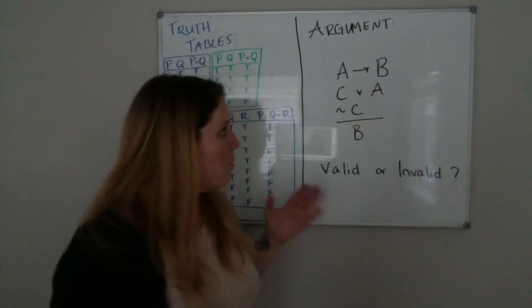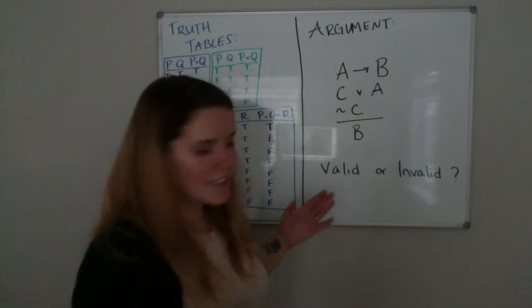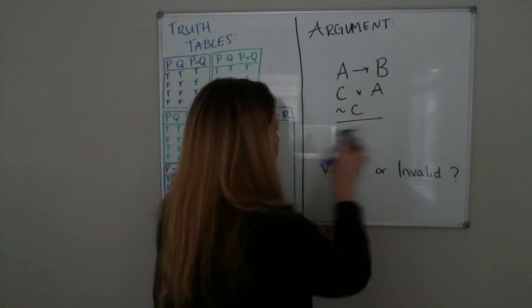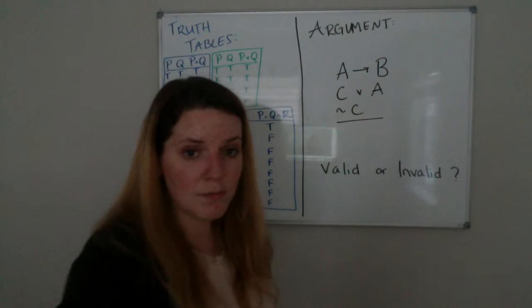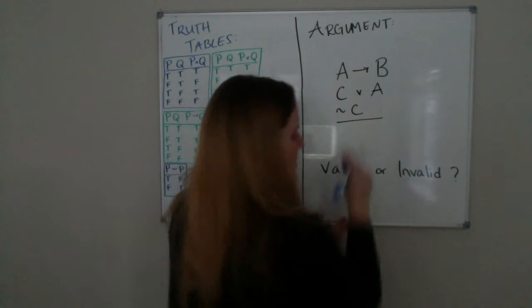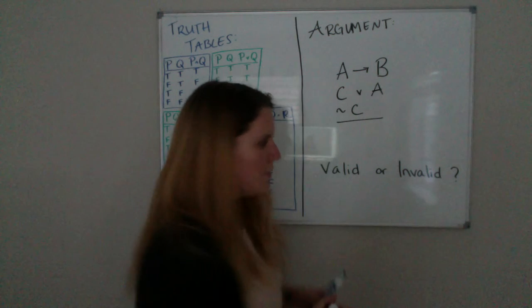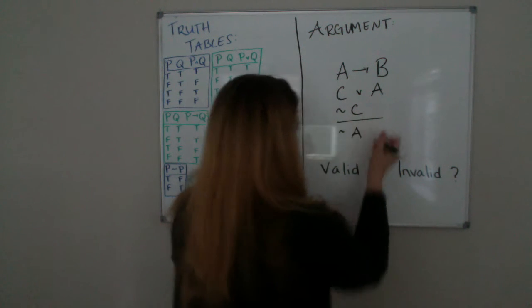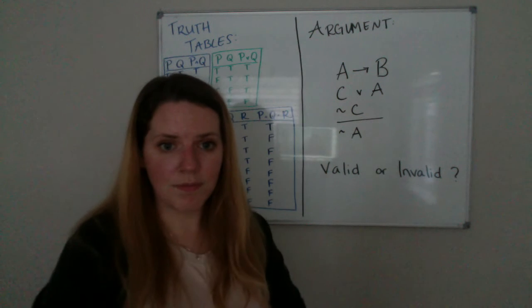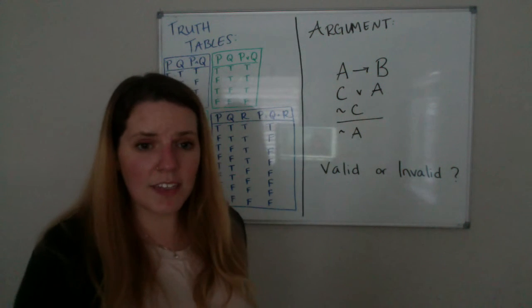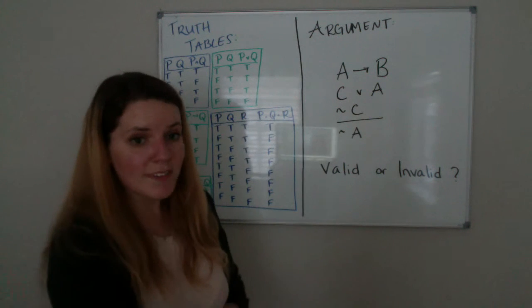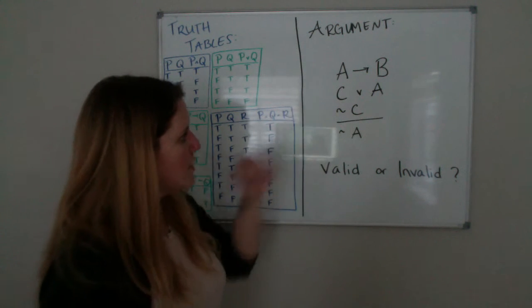So what if we changed this just a little bit? What if we said that our conclusion here wasn't B, but instead, our conclusion was not A? Then what? Okay, well, we still get some information from our third premise that we have to apply to our second premise. So we're saying all of these premises are true.